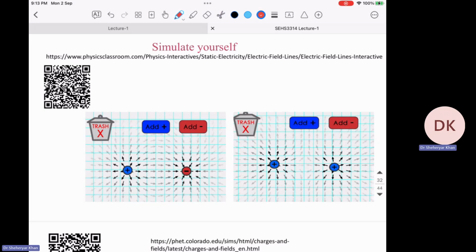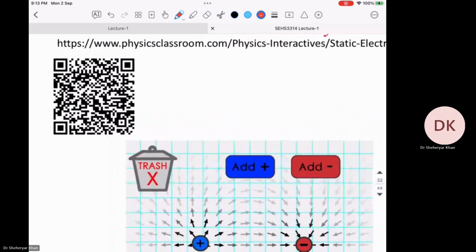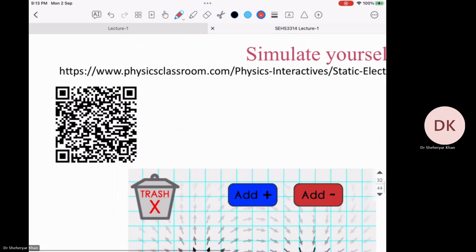Okay, let's continue. So here is a small simulation for you to try. Can you please scan this code? Please scan this code, and then you will see the charges and their electric field.